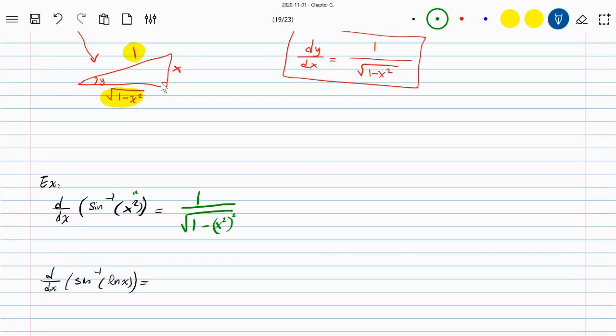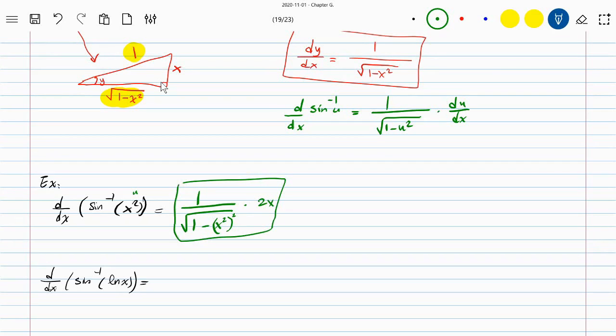The d over dx of sine inverse of u would be 1 divided by square root of 1 minus u squared multiplied by du over dx. This is the chain rule. So multiply by the derivative of x squared with respect to x, which is simply 2x. That's the derivative. You can turn this into x to the power 4 if you want and put the 2x in the numerator.